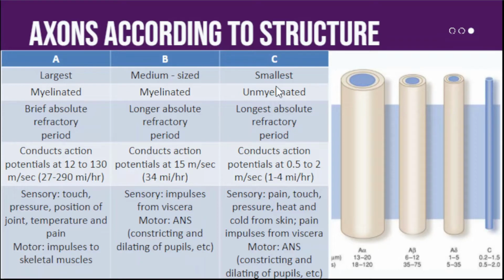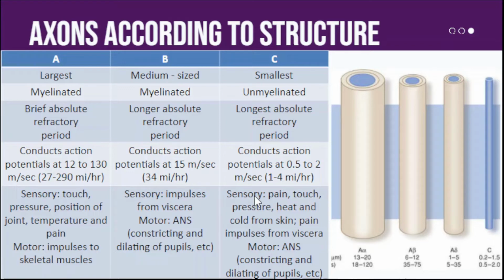And then type C, naisip siguro natin, no, where can we find this? Parang very inefficient, parang very ineffective naman tong type C. But it is distributed, as you can see here, they function for pain, touch, pressure, heat, cold. So basically, meron tayong mga type C in our sensory receptors also, no?